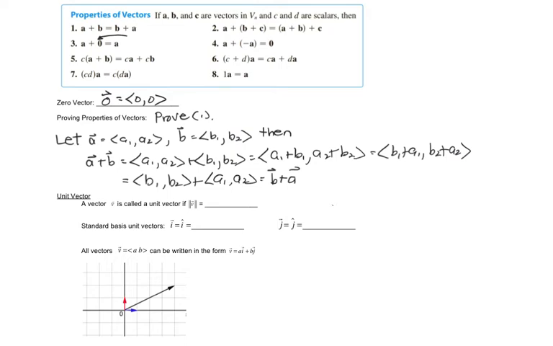So that was a pretty simple one, but the idea is how most of these vector proofs work. Assign the vector some general variables. By the way, you have to do a general. Sometimes when I ask for a proof like this on the test, somebody will say, well, let A be 3, 1 and B be 4, 7, and notice when I add them, both directions they're the same.